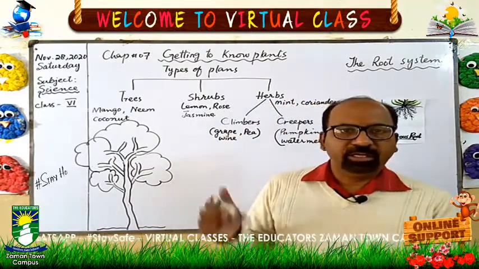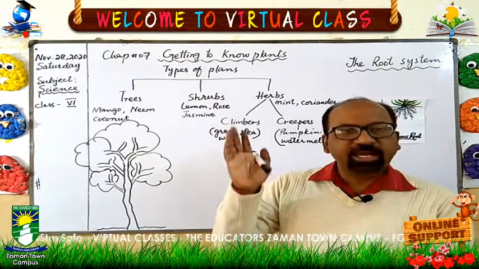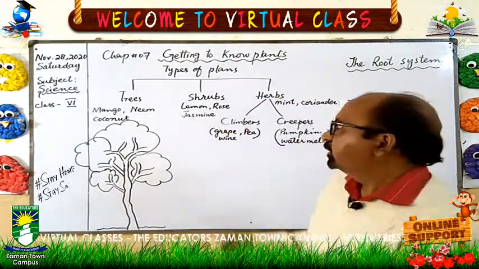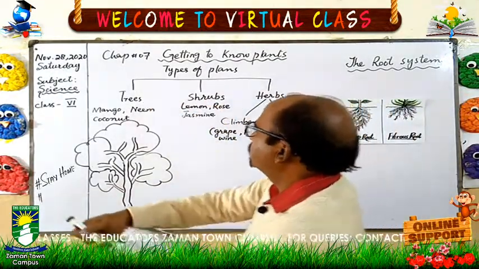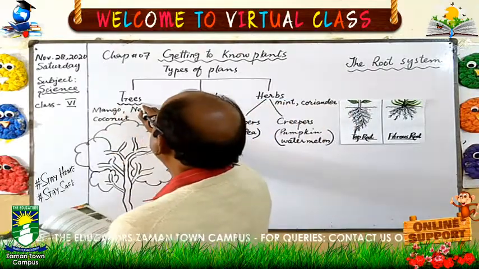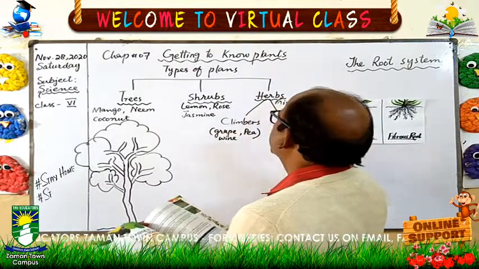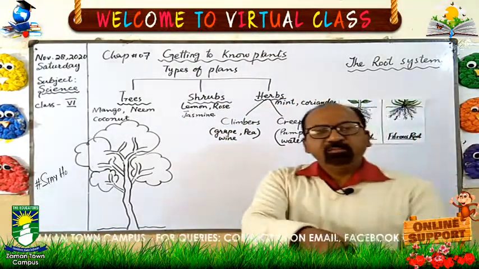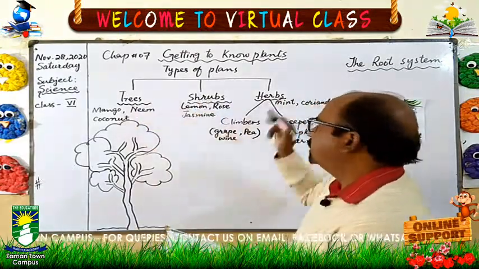When we see the plants, they are divided into three main categories. These three main categories are trees, shrubs, and herbs. These are three main types of plants.